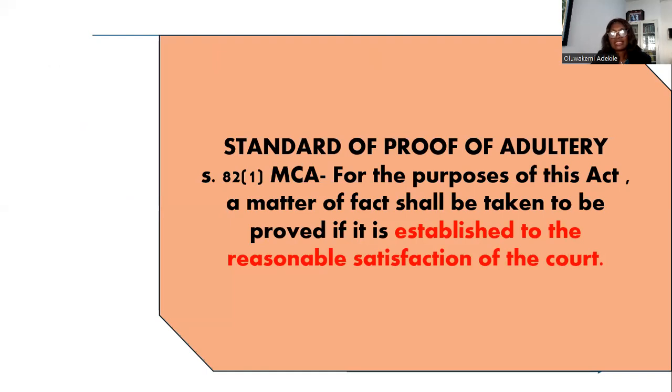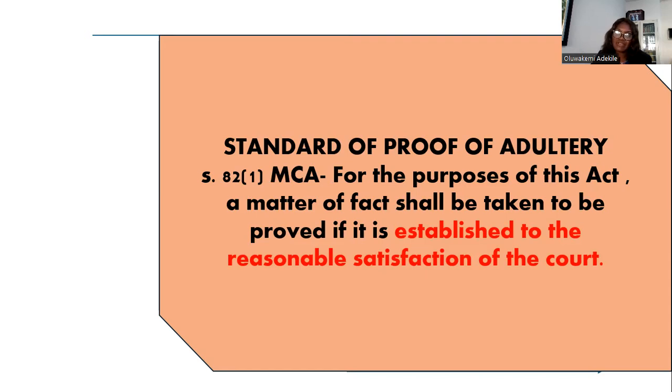Although you may have direct evidence, maybe somebody catches them in the act, maybe they are recorded, there is direct evidence of adultery, that would be fine. But most of the times, circumstantial evidence, like the ones that we have talked about, forms the basis of a petition establishing evidence of adultery.